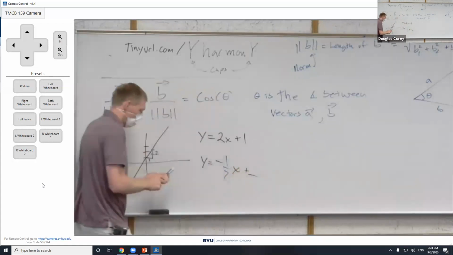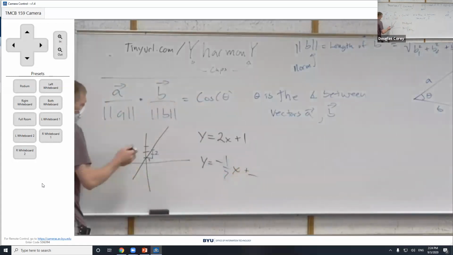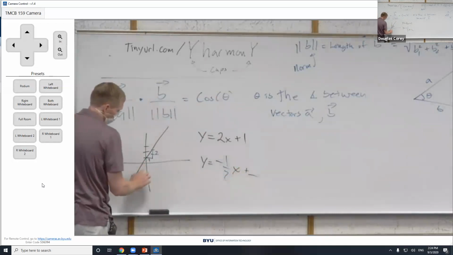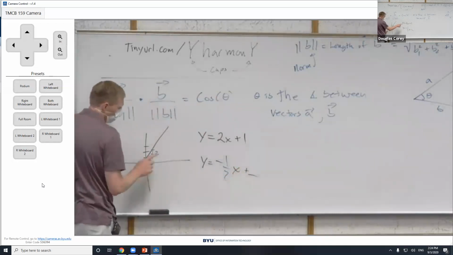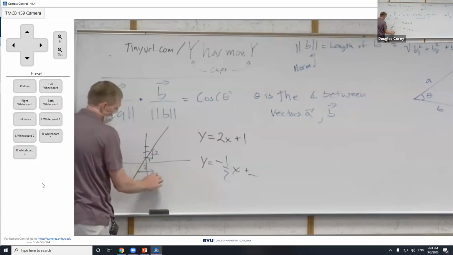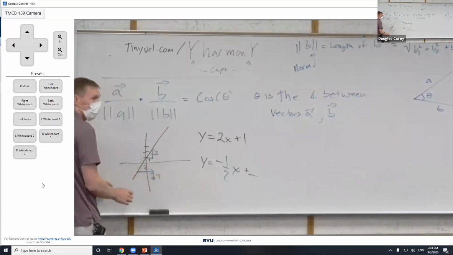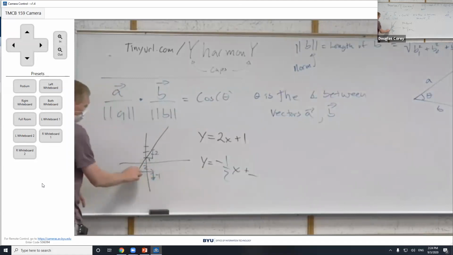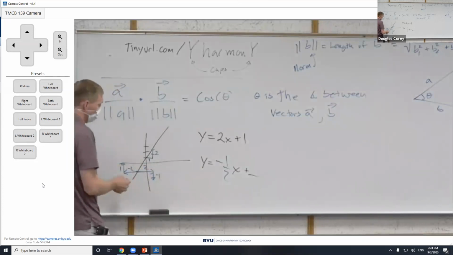That means I go over how far in the x direction? Over 2, down 1. Or I can think of going over -2 and up 1. Either one of those is fine.